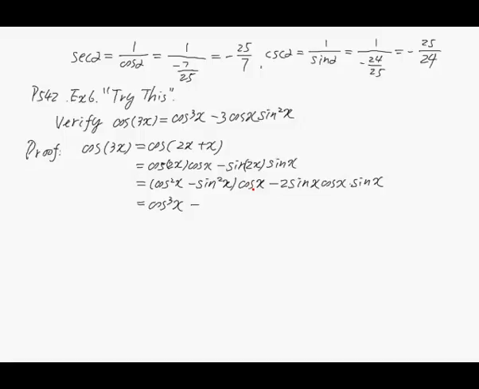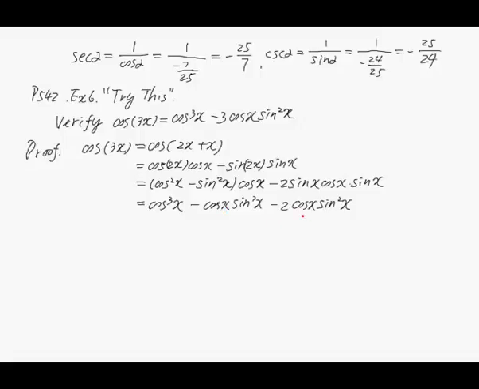And then here you have the sine square x times cosine. So let me write this cosine first, and then sine square x. Then for this one, you also have the cosine x times sine square x. So you have the 2 times cosine x times sine square x.